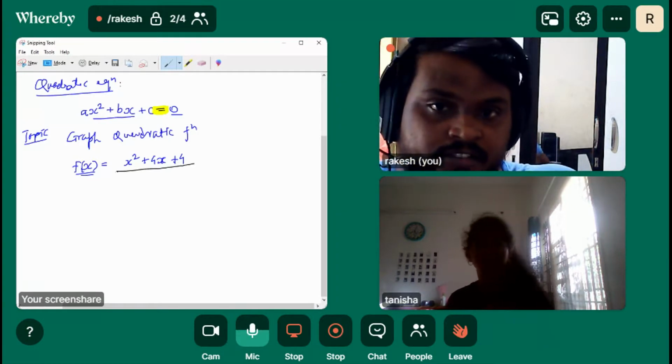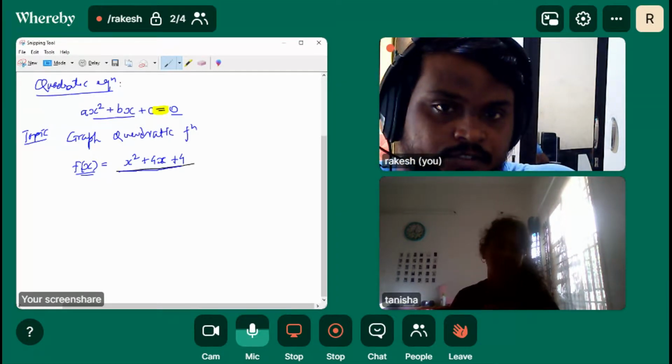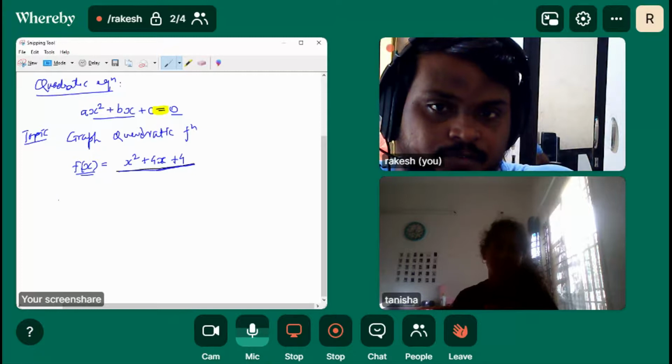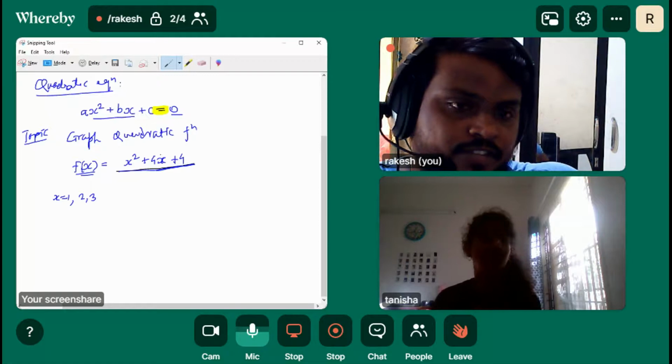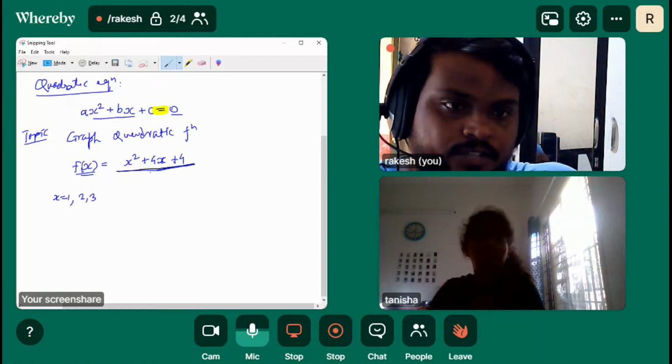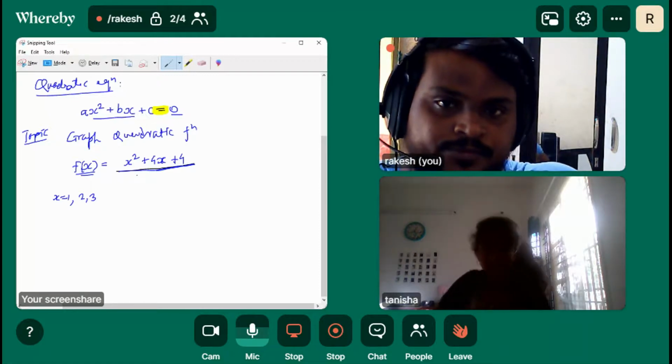If you plug any values here for x, maybe x is equal to 1, x is equal to 2, any values, it will provide you some constant value, right?